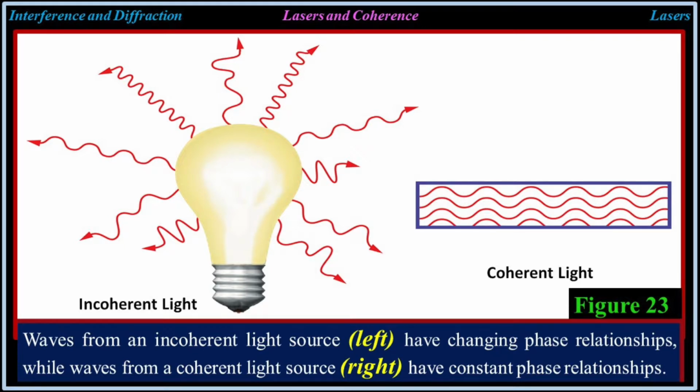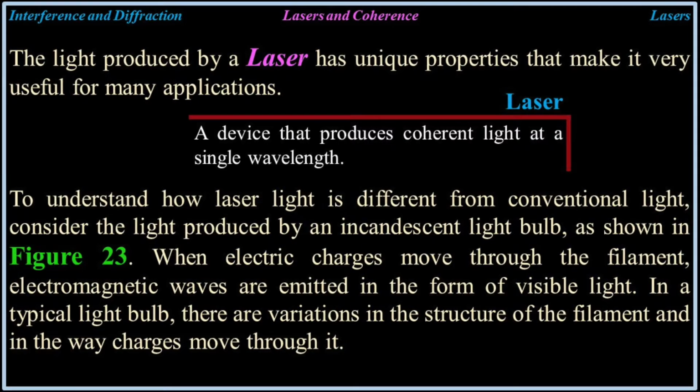Waves from an incoherent light source (left) have changing phase relationships, while waves from a coherent light source (right) have constant phase relationships. The light produced by a laser has unique properties that make it very useful for many applications. Laser: a device that produces coherent light at a single wavelength.